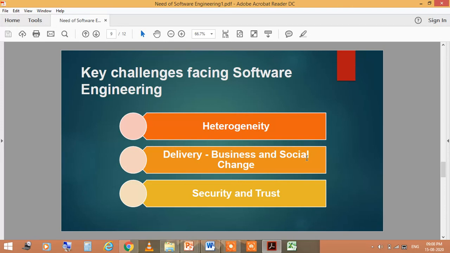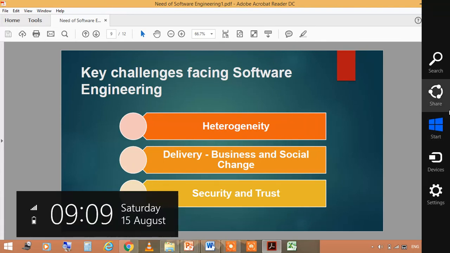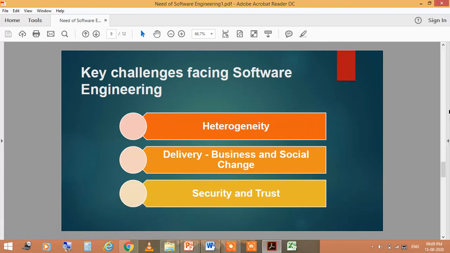The next is security and trust. Of course, if you are developing something, you should have a very clear picture in your mind of what the security issues are and how you will build trust. Like in internet banking, when you transfer some money to another account, or to your own account, there are some security things that you have seen, like OTP and Gmail.